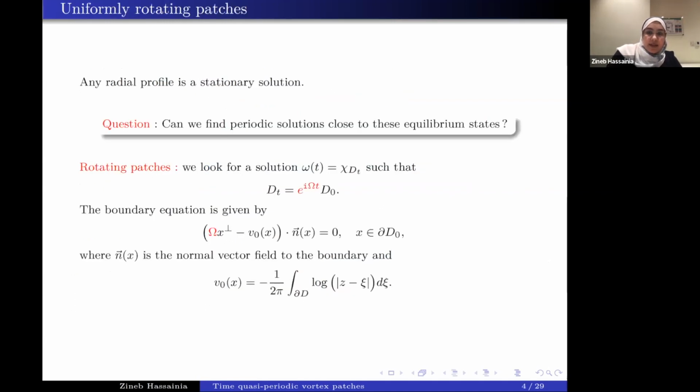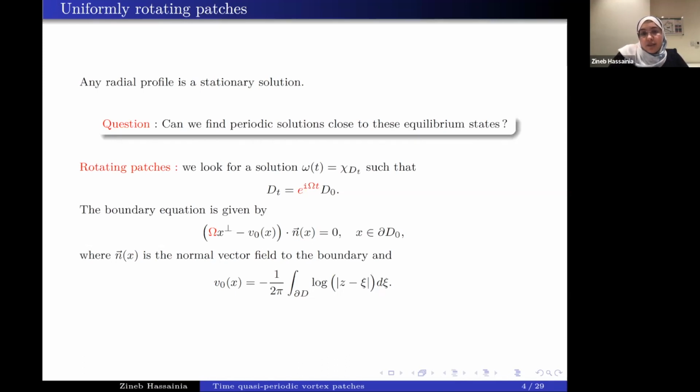Now, due to the symmetry property of the Newtonian kernel, any radial profile like a disk or annulus is a stationary solution to the Euler equation.